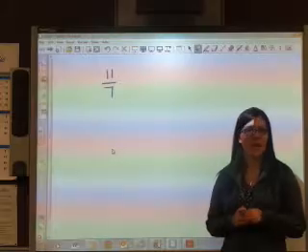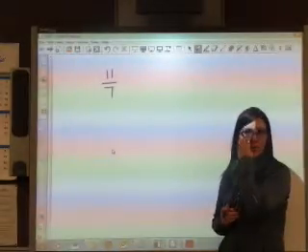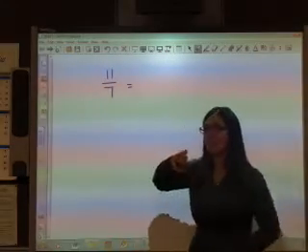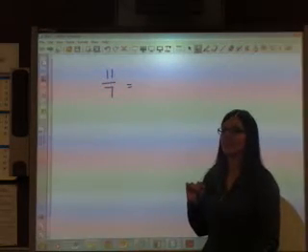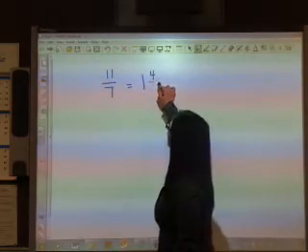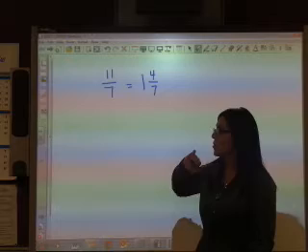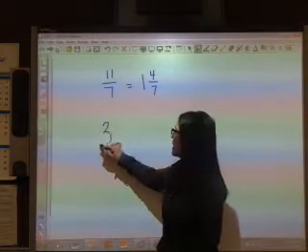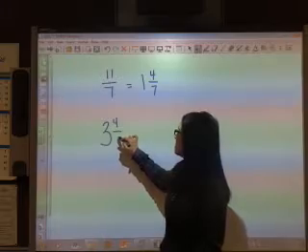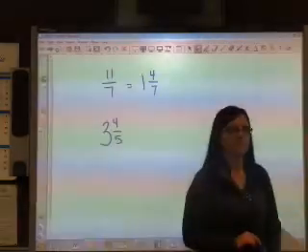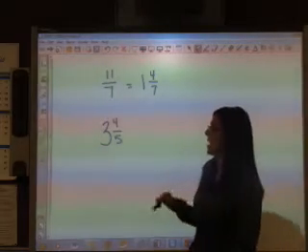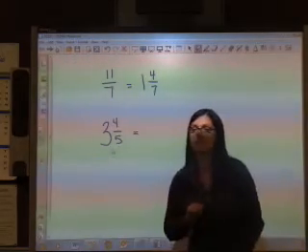What can I convert it into? Mixed number. And how would I get the mixed number, Jonathan? What would my mixed number be? 1 and 4 sevenths. So if I then had 3 and 4 fifths, how would I take that and put that into an improper fraction?